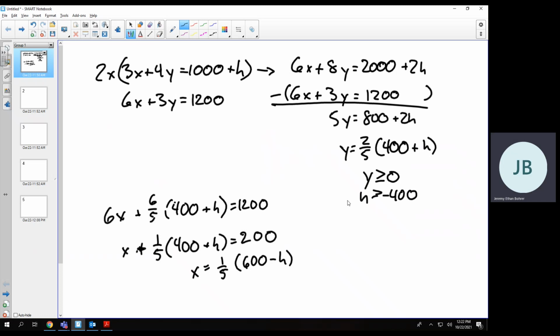And the non-negativity of x implies that h is less than or equal to 600, but also x is less than or equal to 180.